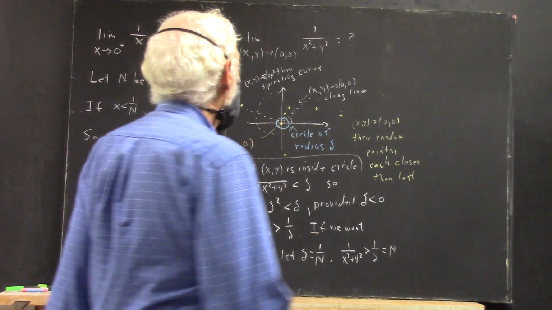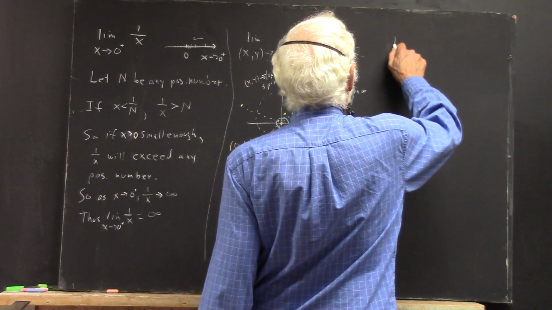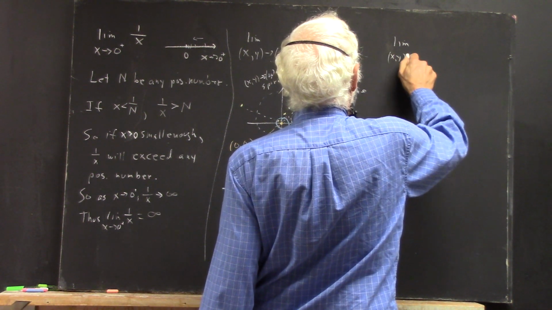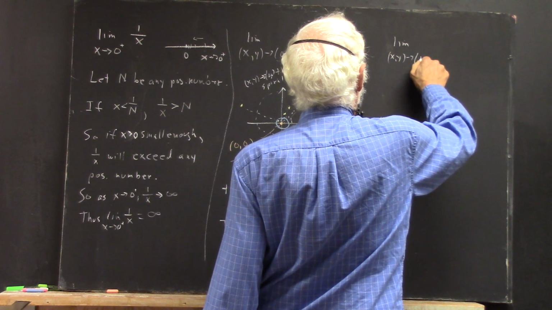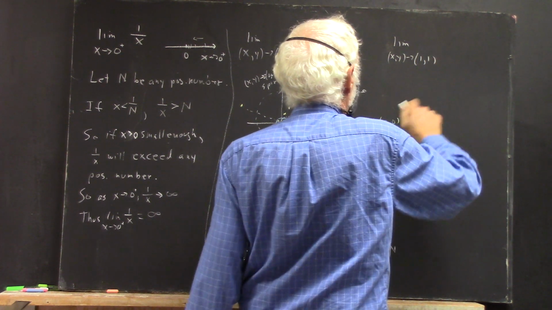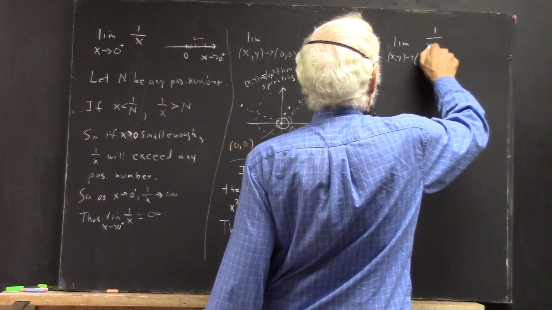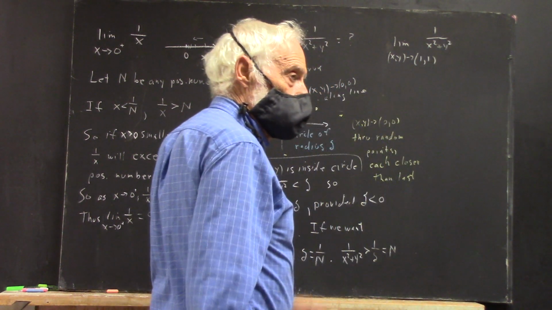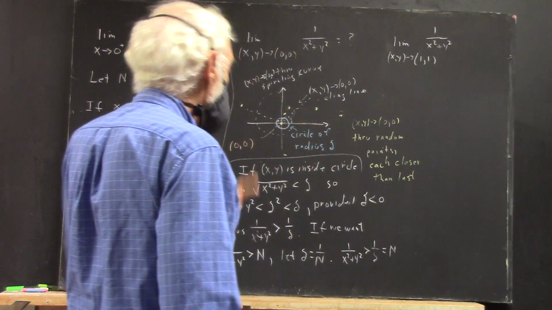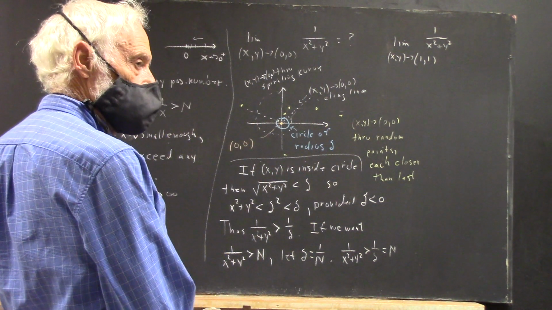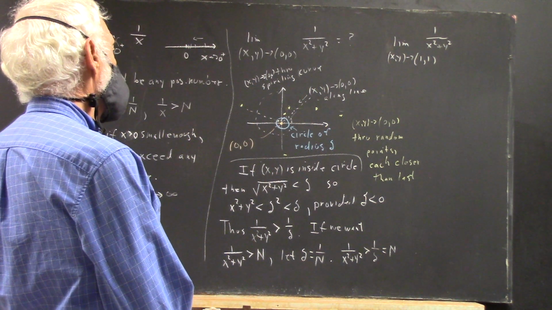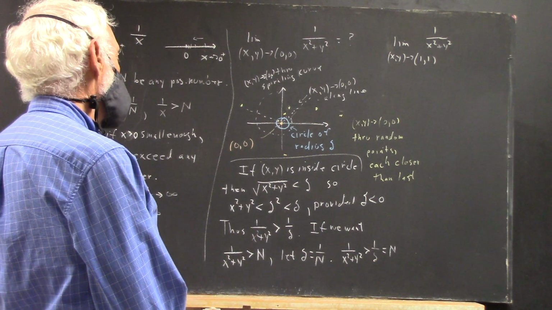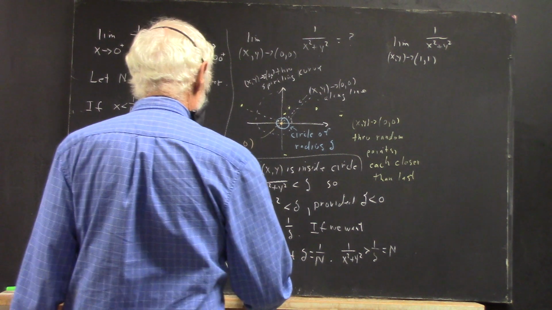So we can get 1 over x squared plus y squared to exceed any number we want. Okay, now, what if we wanted the limit as xy approaches 1, 1 of 1 over x squared plus y squared? Let me conclude this.